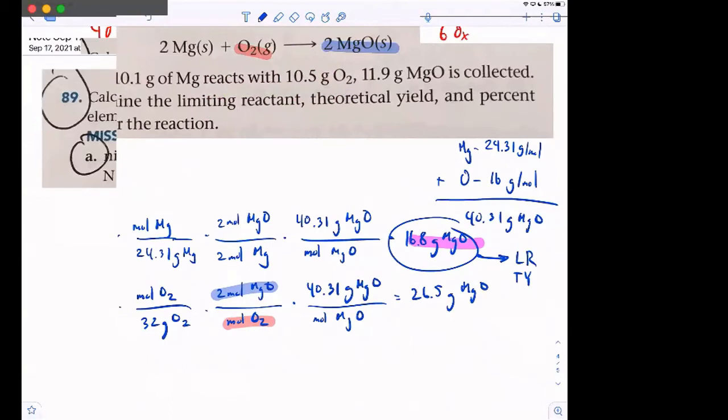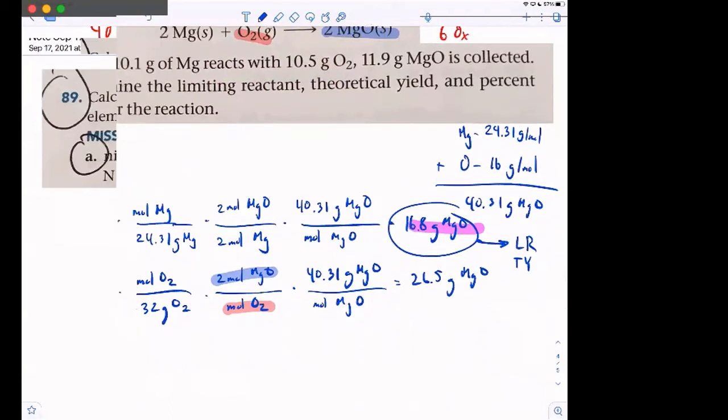And the percent yield is the actual over the theoretical times 100%. So your actual is 11.9 over 16.8 times 100%. And if you do that, you get 70.8% yield.